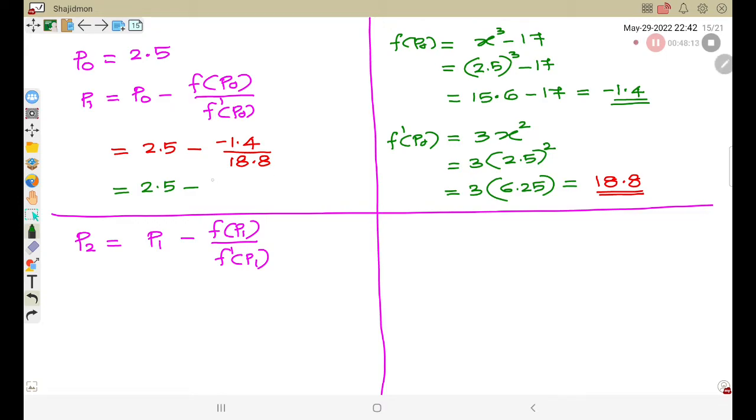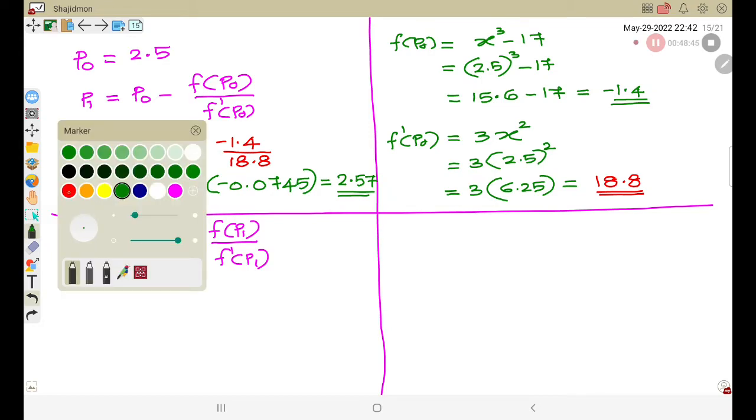That number is minus 0.0745 after rounding. Minus minus means plus, so 2.5 plus 0.0745. You will get 2.57. This is the first approximation, 2.57.